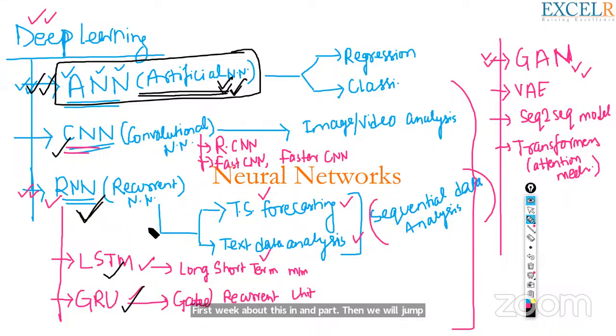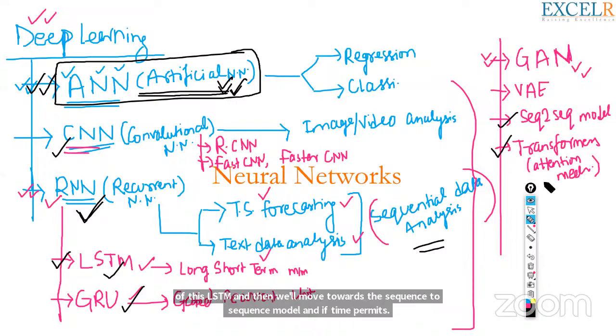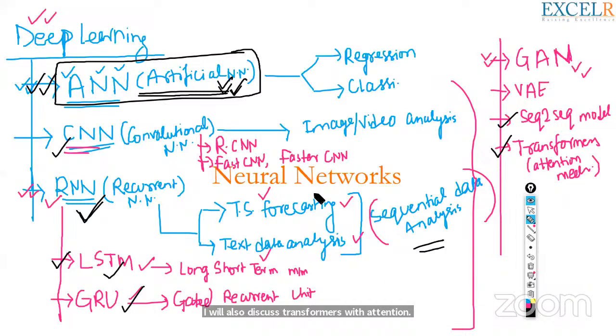We will see the recurrent neural network and how it is useful in case of text data analysis or time series forecasting, which is the sequential data analysis application. Then probably we'll also see a basic understanding of LSTM, and then we'll move towards the sequence to sequence model. And if time permits, I will also discuss transformers with attention mechanisms. Okay, so this is how we progress.